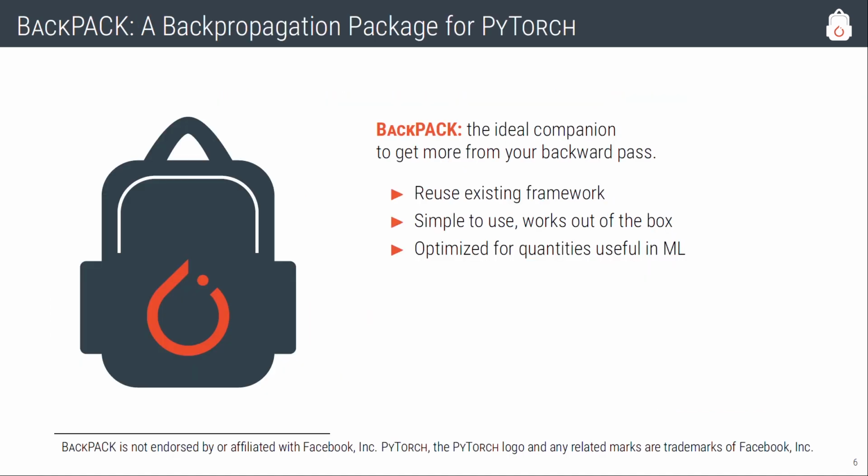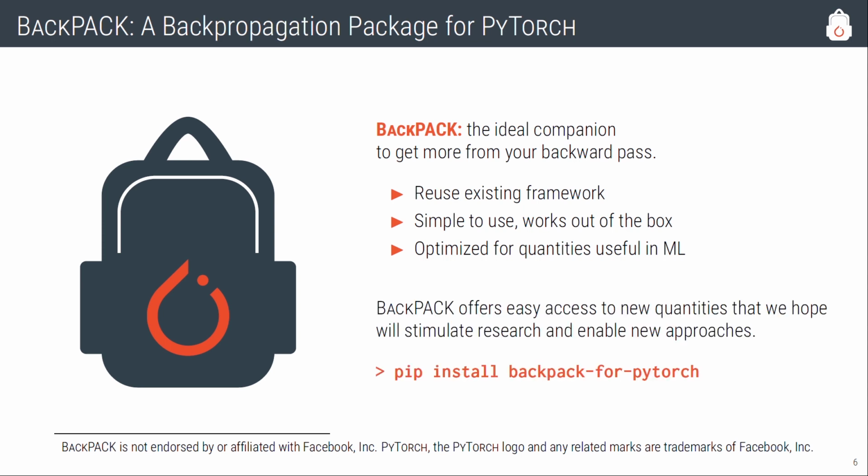To address those problems, we are introducing Backpack, a software package built on top of PyTorch that can efficiently give access to quantities other than the gradient. A design goal of Backpack was to reuse existing frameworks to add only the minimum tools needed to extract some quantities useful in machine learning in an efficient way rather than create a new auto-diff library.